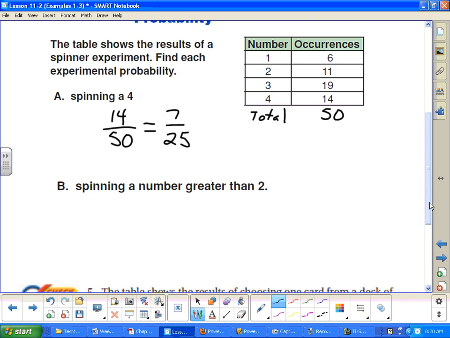So that would be 19 plus 14 is 33 out of 50. So experimental probability, you're just going to have results from a table, and then you're going to find your answer from those results.